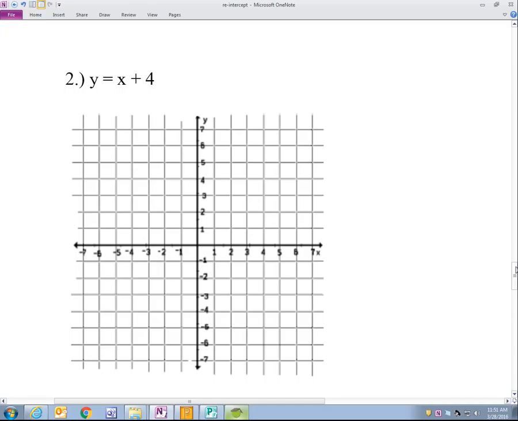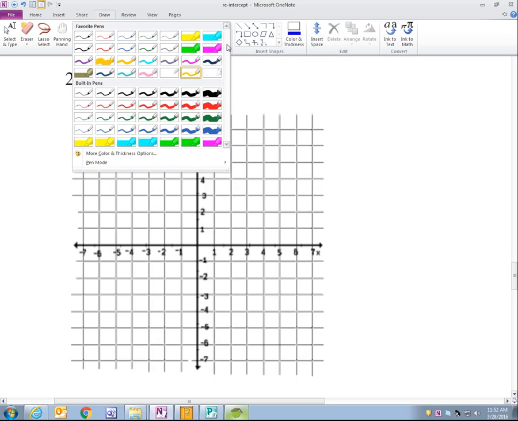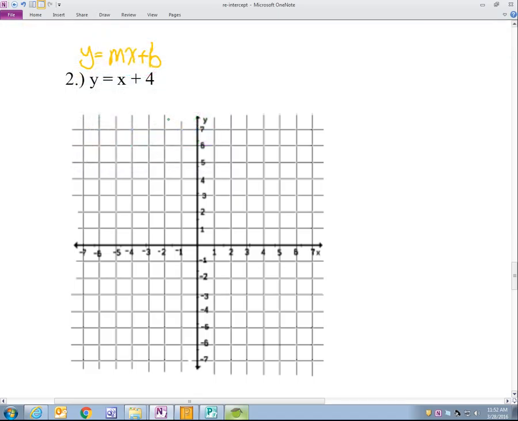So I have, once again, y equals mx plus b. I'm rewriting that because I can't see it right now, and I want to make sure I don't make any silly mistakes. I'm going to get a different color here, so you can see better. What is my b? What is my y-intercept?